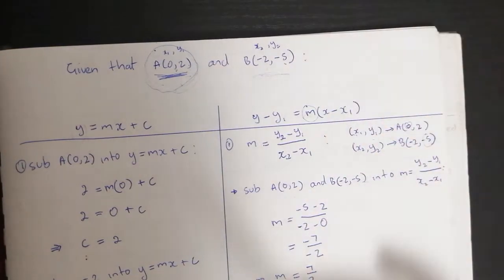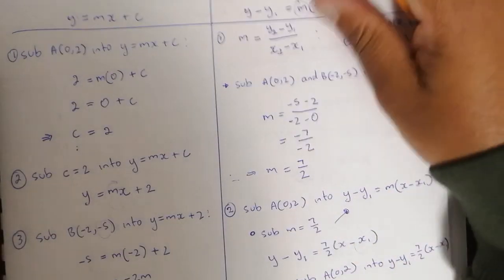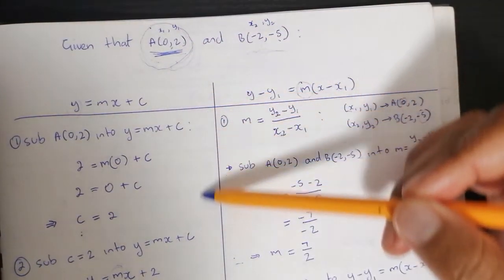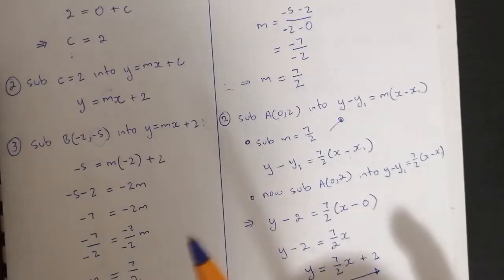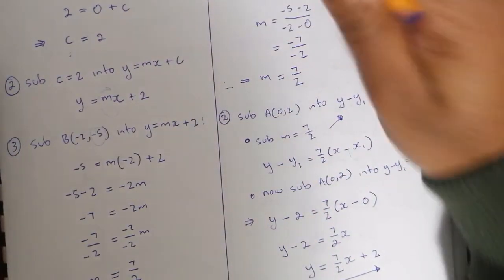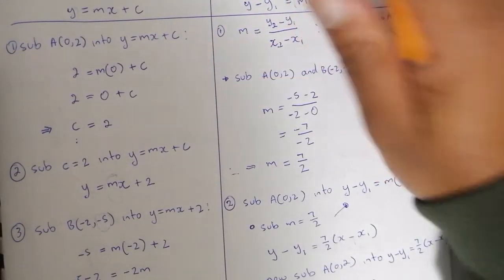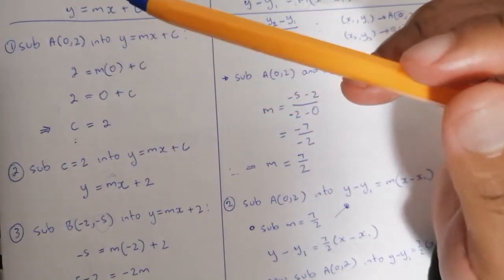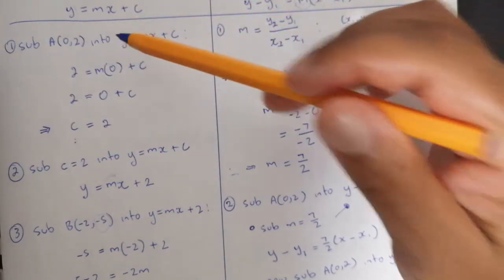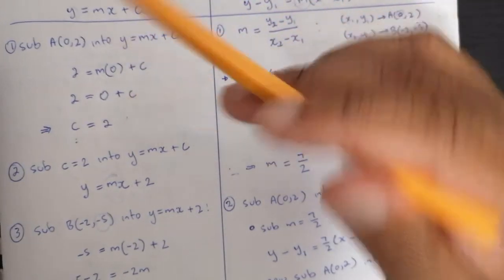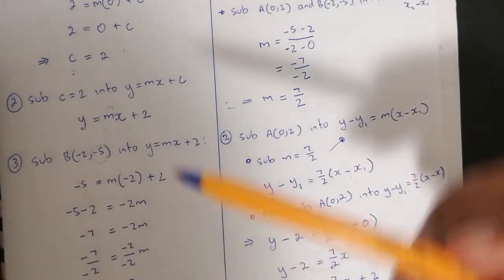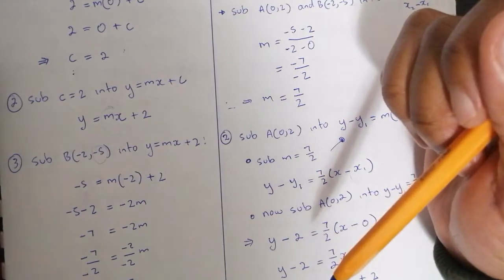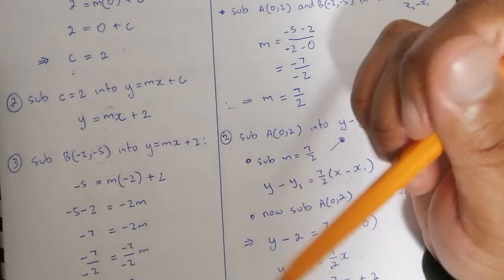So before I even go there, just a reminder: if you're given the y-intercept and then you decide to use this method, remember that you can use the y-intercept initially to find the value of c. But then when it comes to finding the gradient, you can't reuse that y-intercept.